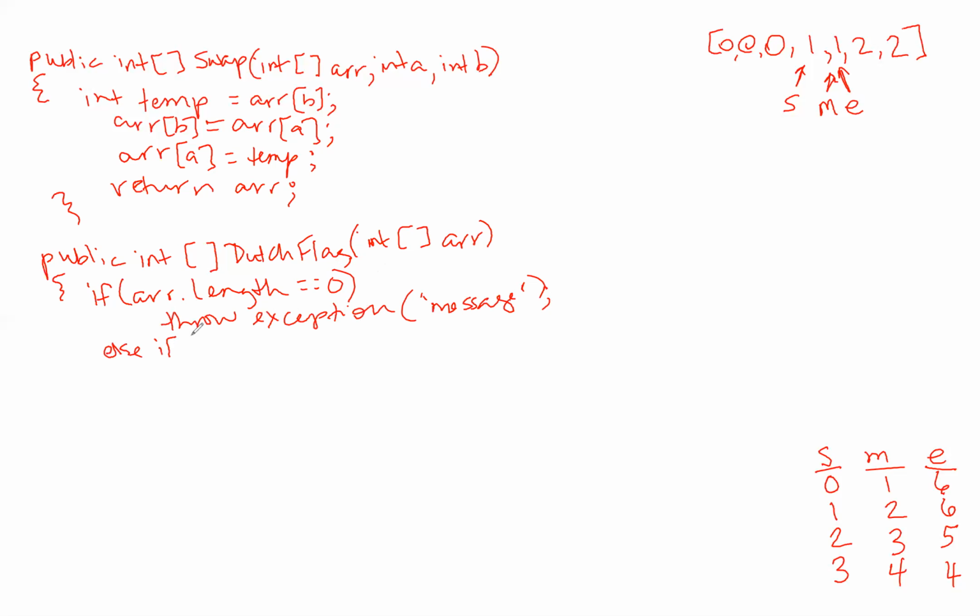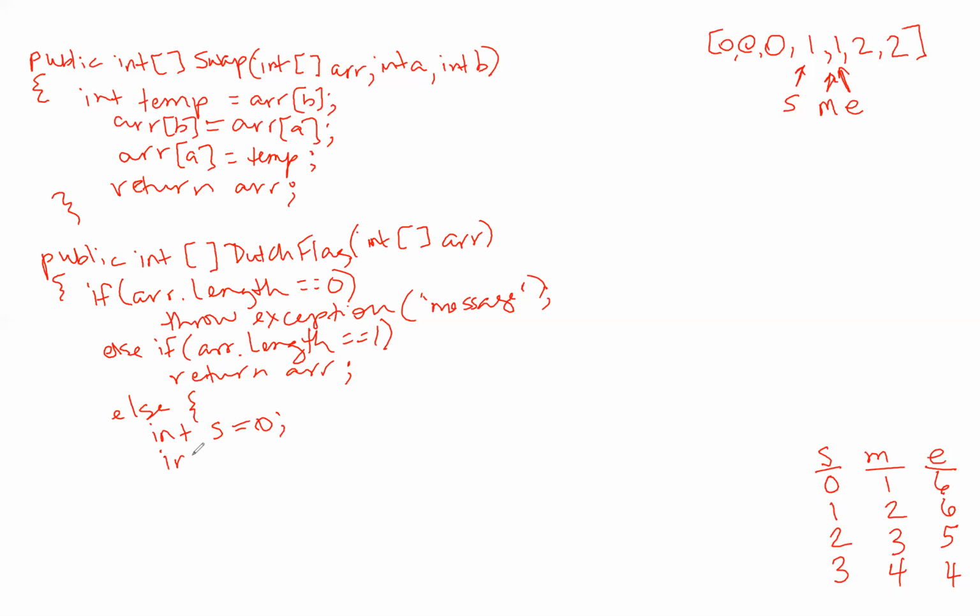Else, if the array dot length is equal to 1, then we know we want to return the array as is. Else, we're going to go in and do what we need to do. So we're going to need to first declare some variables. We have int s for the start, and that's going to equal 0.